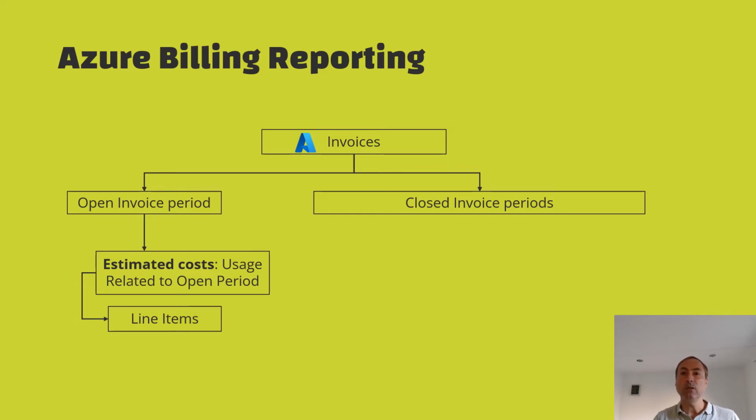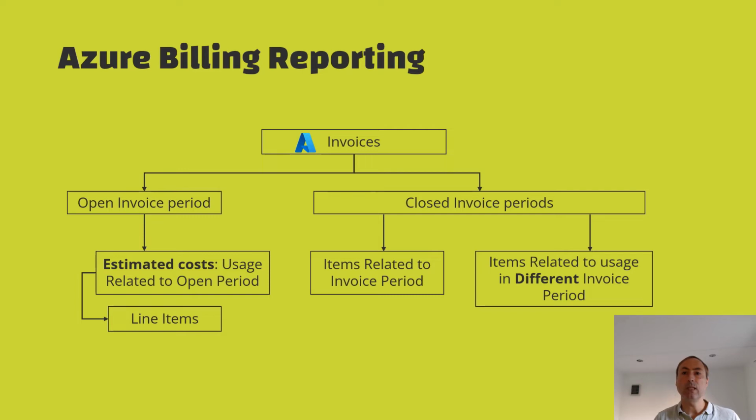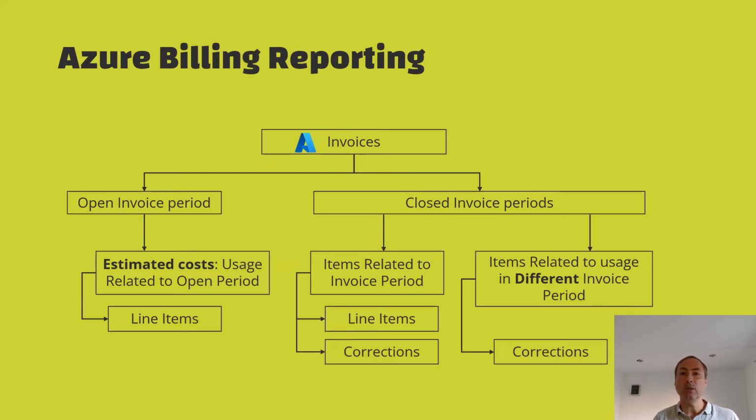Then we have the closed invoice periods, and there we have items related to that specific invoice period and items related to usage in different invoice periods, but are on this invoice that you have. So we have line items and corrections in the items related to the invoice period itself.